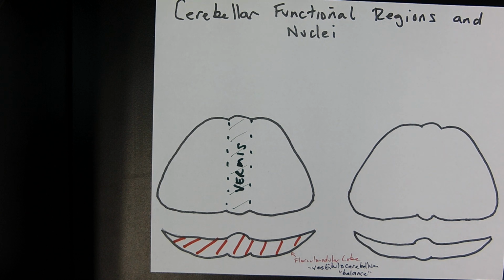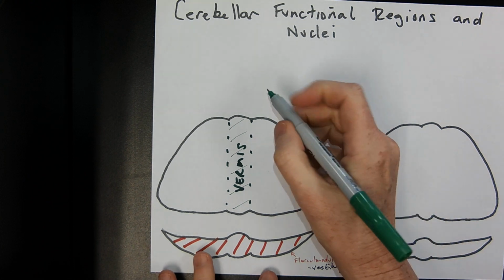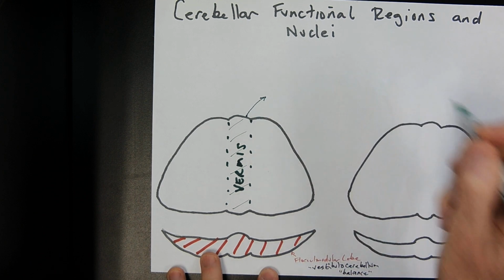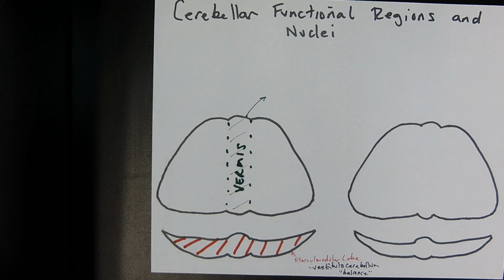Way back when we were looking at the spinal cord cross sections, we were talking about the cerebellum receiving information from the dorsal and ventral spinocerebellar tracts. Does anybody remember that? Thinking about the spinocerebellar tracts, this is the area associated with them. Now, what do those tracts carry? Non-conscious proprioception.